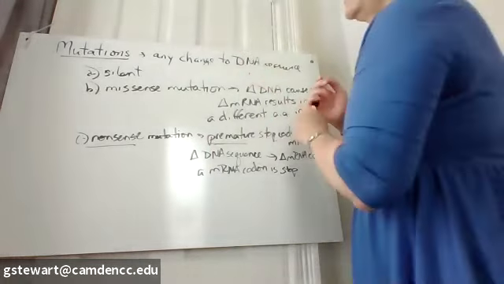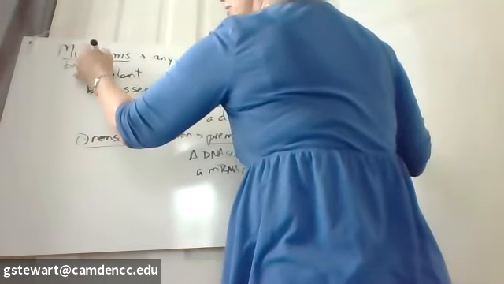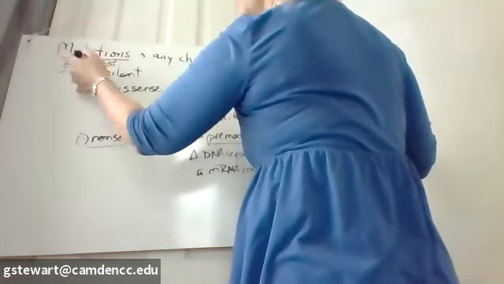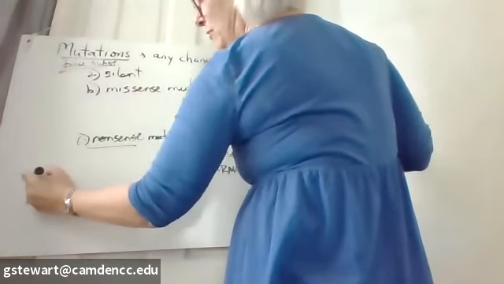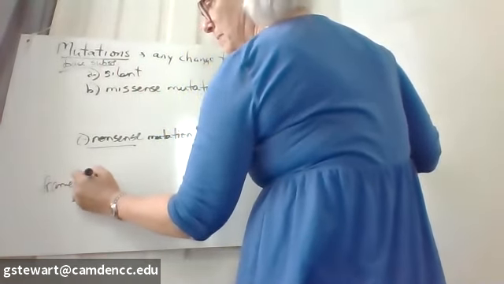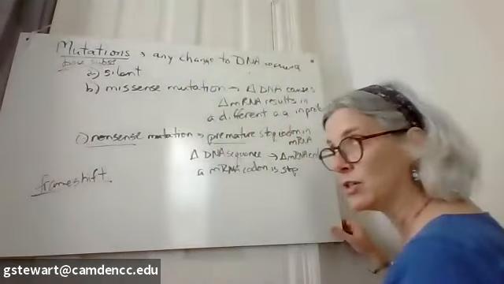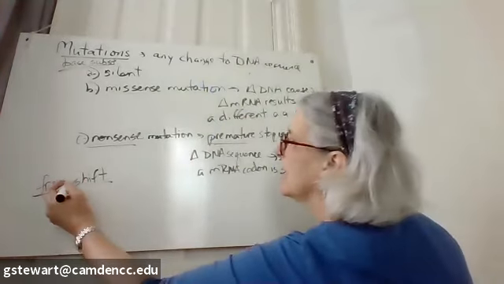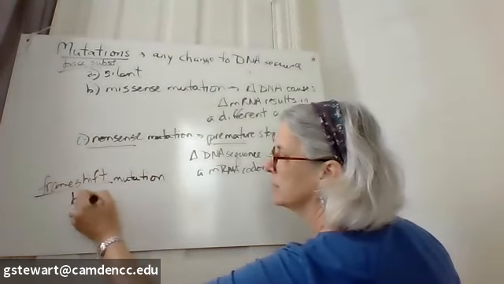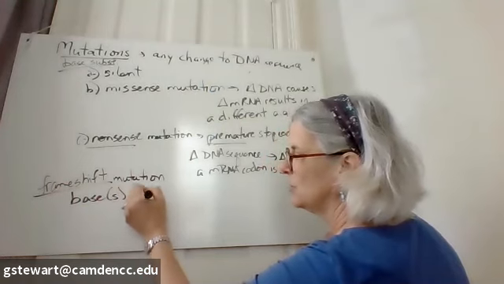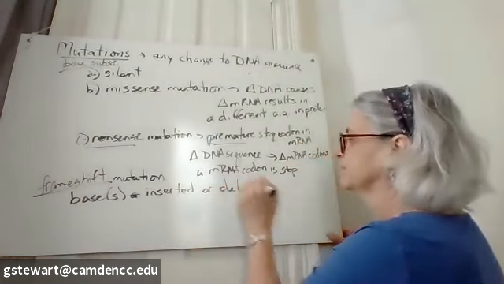And then there's a whole other category of mutations altogether. These are examples of different types of base substitutions, remember. There's a whole other category of point mutations that we call frame shift mutations. And a frame shift mutation is a point mutation, so it happens at one place, one point. In a frame shift mutation, we have a base or bases inserted or deleted in the DNA.